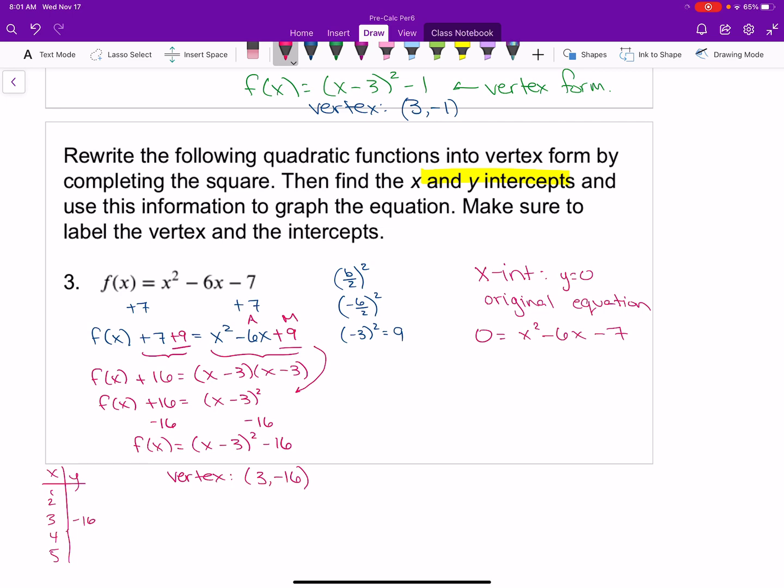And now to solve this, you are factoring the original equation. So adding to -6, multiplying to -7 is x minus 7, x plus 1. Doing your little t-chart, setting each of these factors equal to 0 and solving. You get a +7 and a -1 as your 2 x-intercepts.